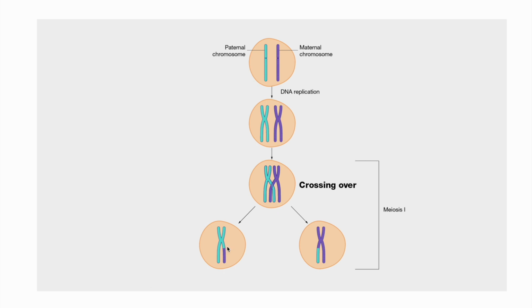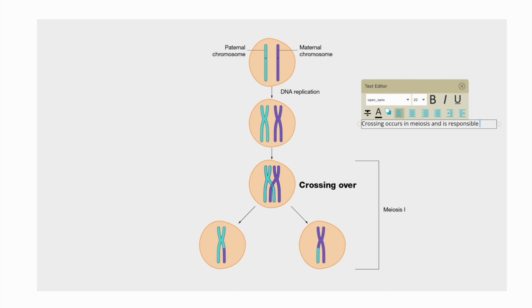Now, this part right here is what I want you to write. I want you to write that crossing over occurs in meiosis. I'll type it out. So, crossing over is responsible for the production of genetic diversity.